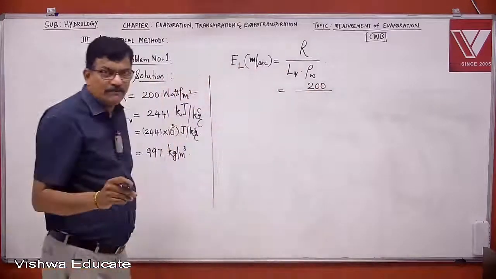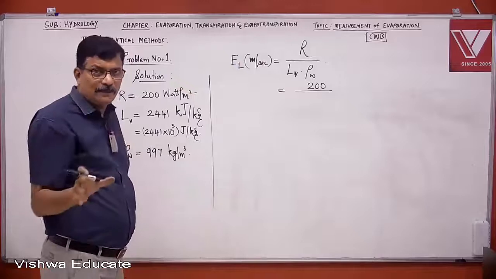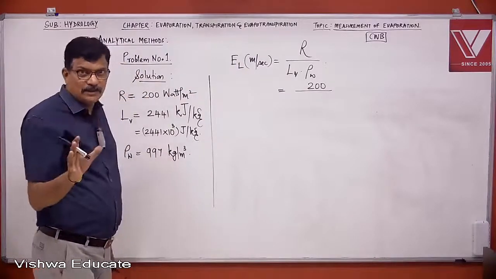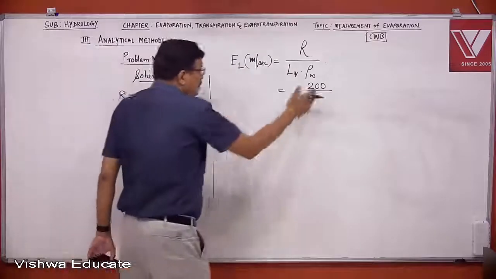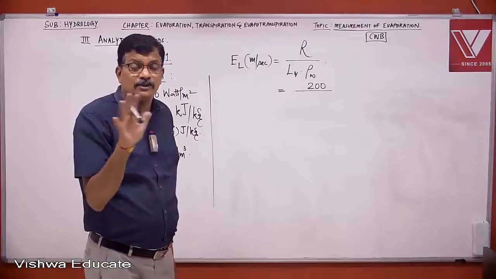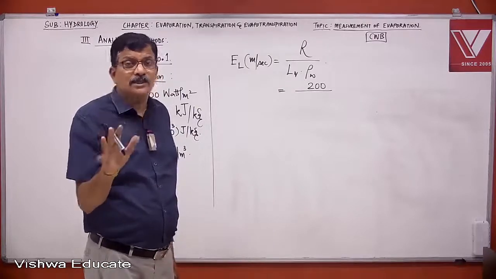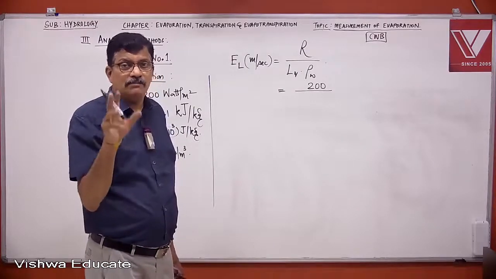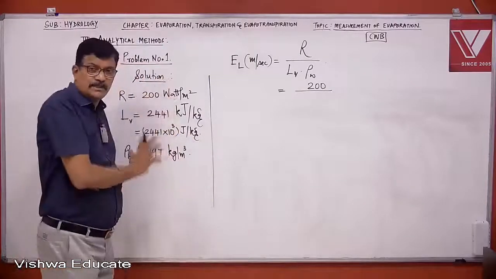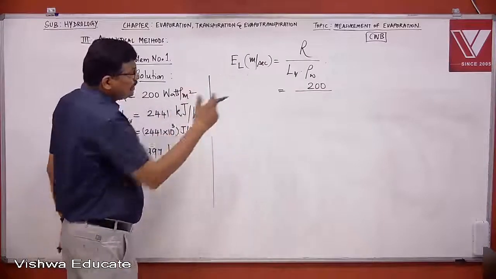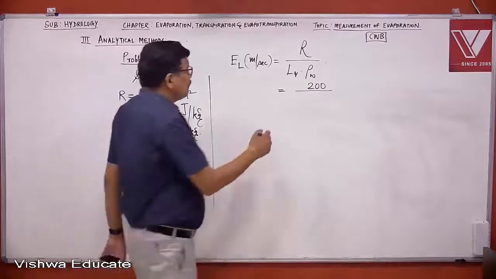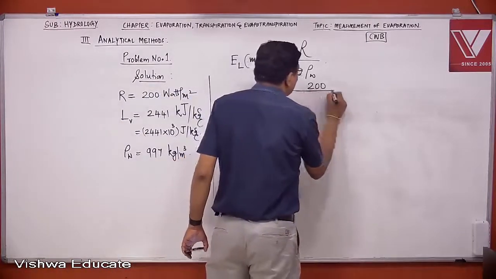Before substituting in the formula, it is always advisable that you keep the data ready in the appropriate units. While substituting, you should substitute only the numericals, and you should not worry about the units associated. Those units must be taken care of when you write the data. Is that clear? If you try to convert here, it might lead to confusion, it might lead to mistakes also. So please be cautious when you substitute.